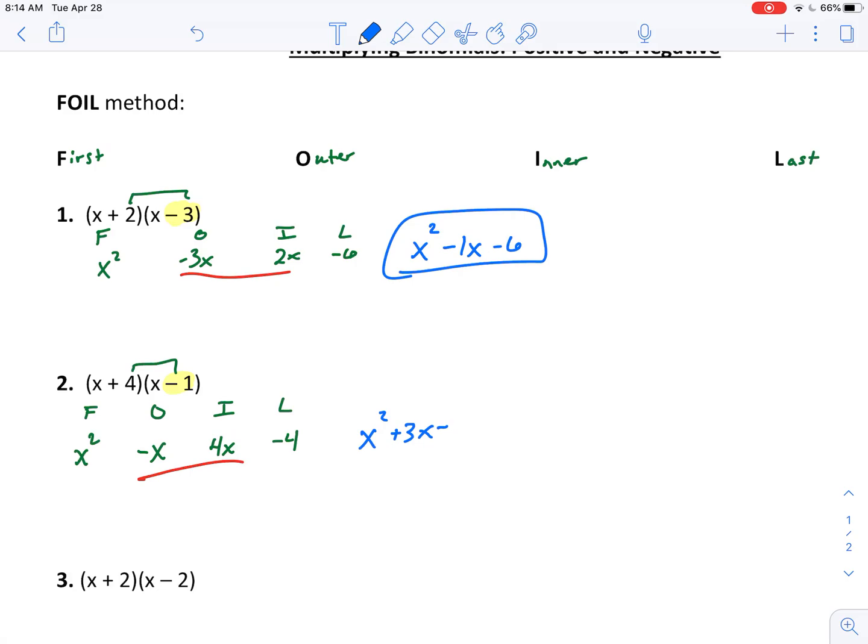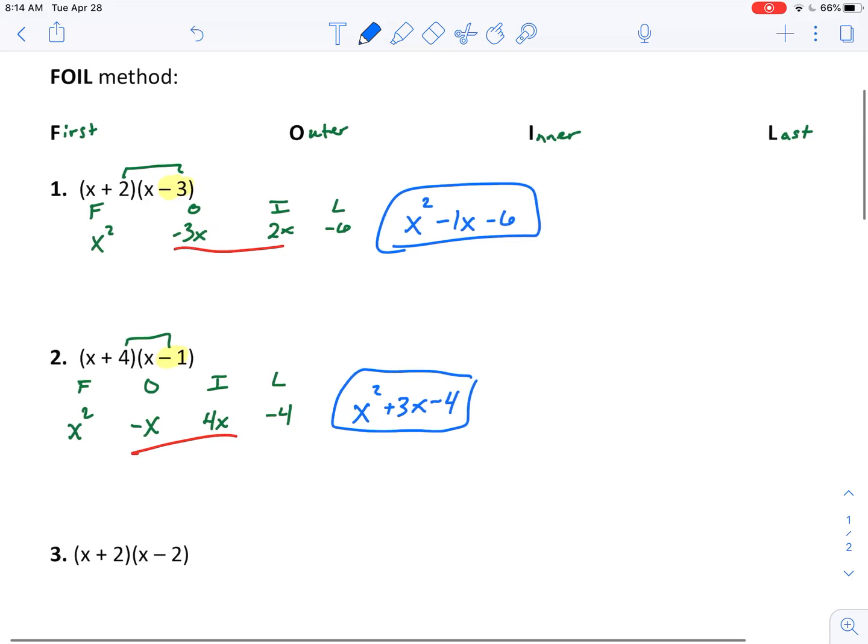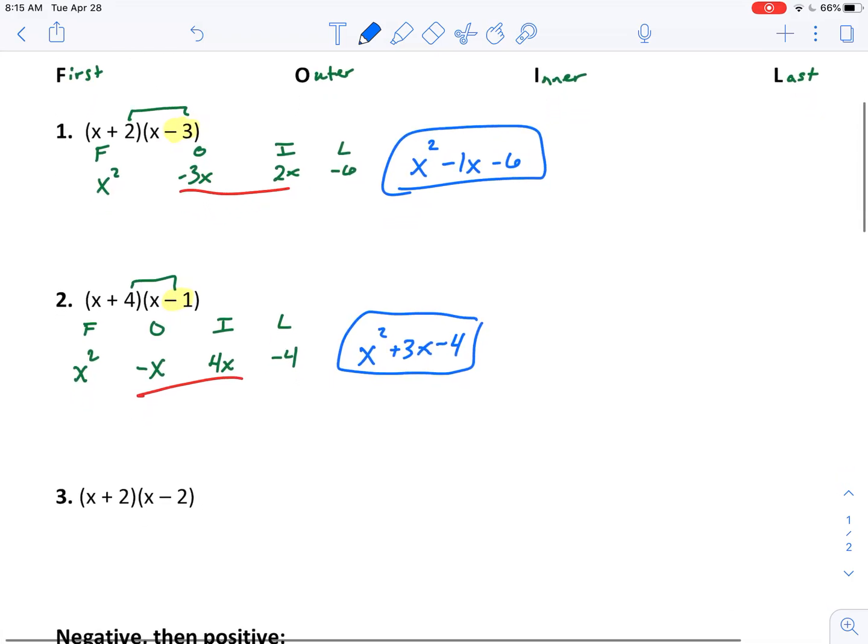And last is 4 times negative 1 is negative 4. So I'll combine my like terms here to get x squared. 4 minus 1 is plus 3x minus 4.